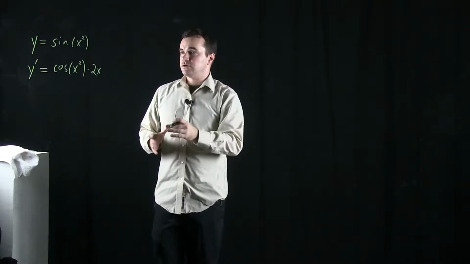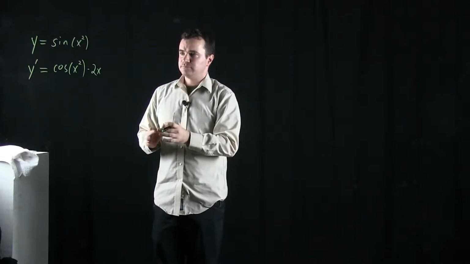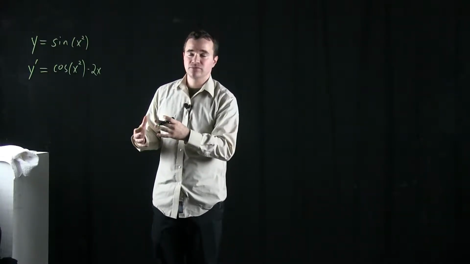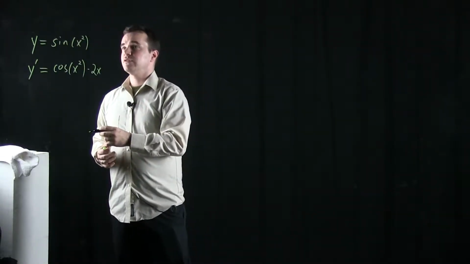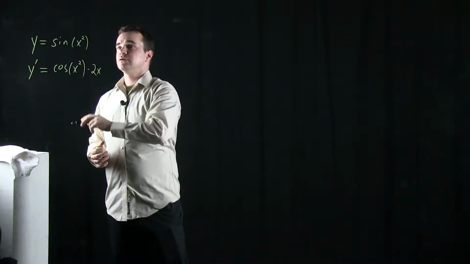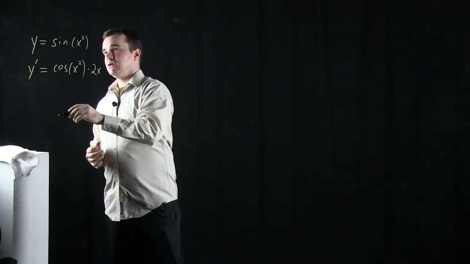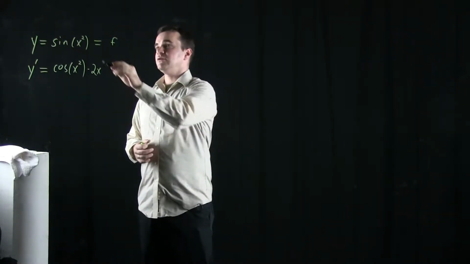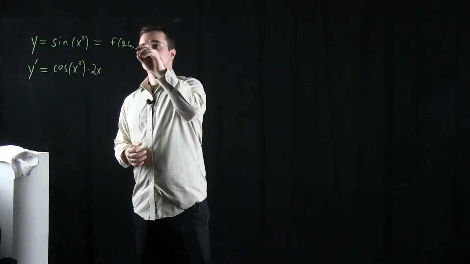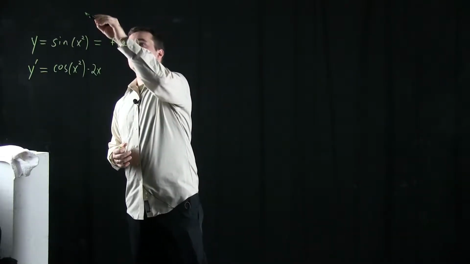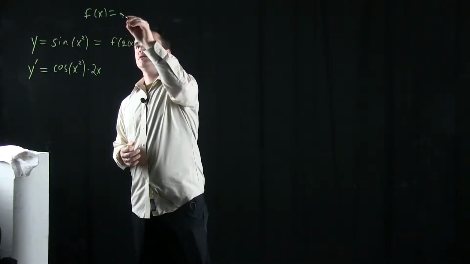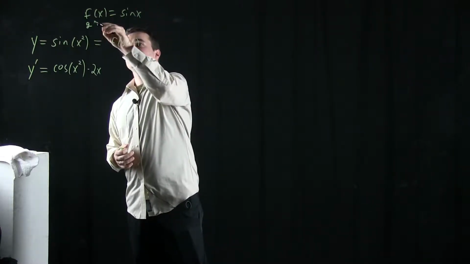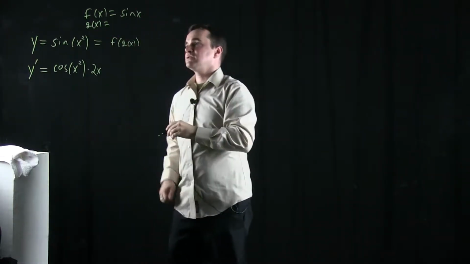If you want to go back and ask yourself, what does this actually have to do with the statement of the chain rule? What's getting plugged in here? Then the way you want to think of it is your outside function, that's your f of x, and your inside function, that's your g of x. So in this case, f of x is like sine of x and g of x is like x squared.